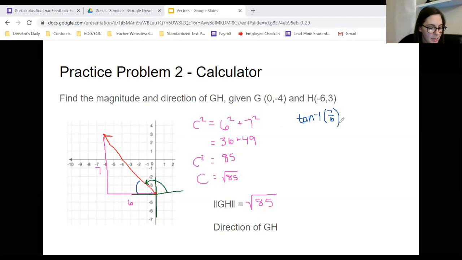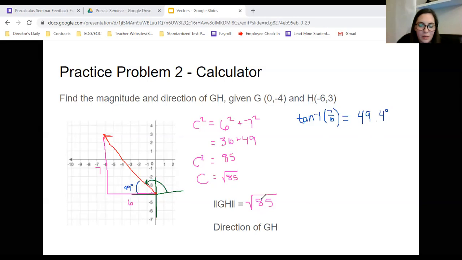Again, I want everybody's calculator to be in degrees, not in radians. I should get an angle of 49. We'll just round that to 1 decimal place. 49.4 degrees.